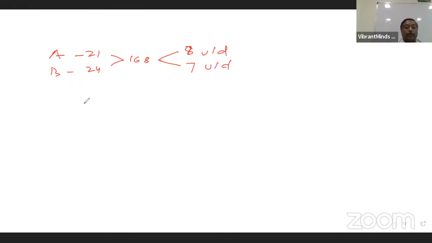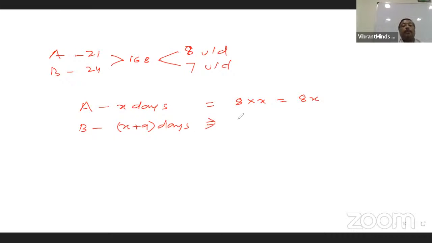Now see, suppose A did for X days. So can I say B did for X plus 9 days? So units done by A is 8 into X, that is 8X units. Units done by B is 7 into X plus 9, that is 7X plus 63.